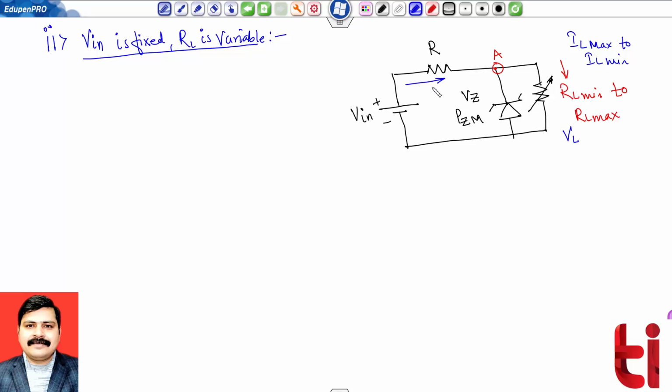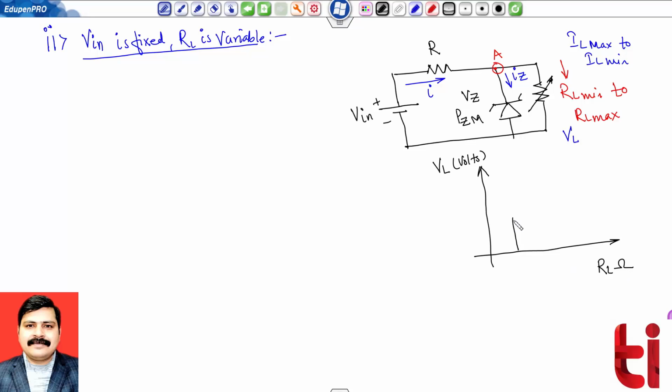Suppose the current flowing through this resistance is I, and the current flowing through this Zener diode is IZ. Let me draw a graph by which you can better understand the goal. This is my output voltage VL in volts, and here is the value of RL in ohms.